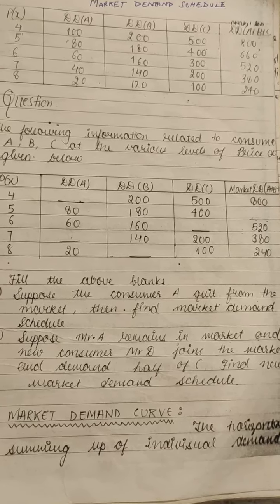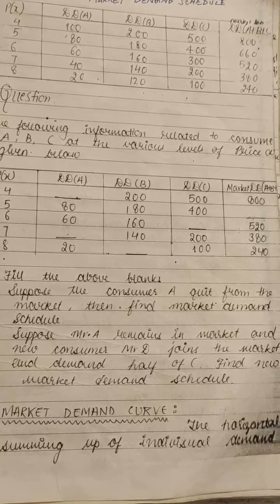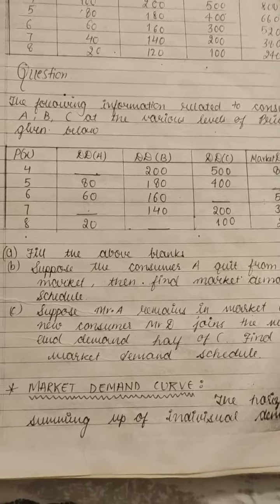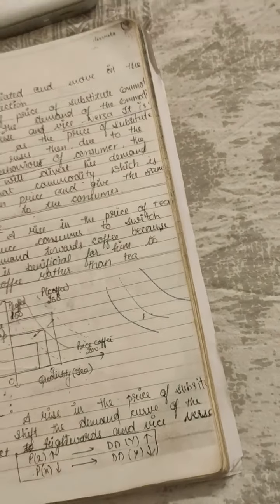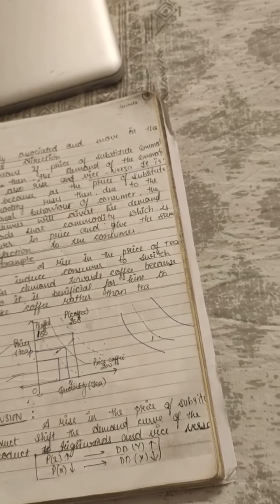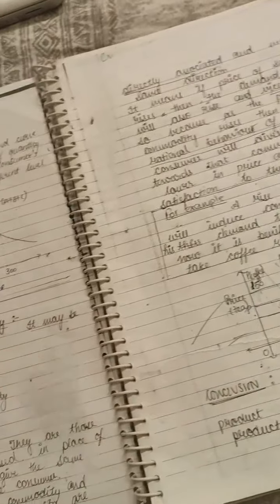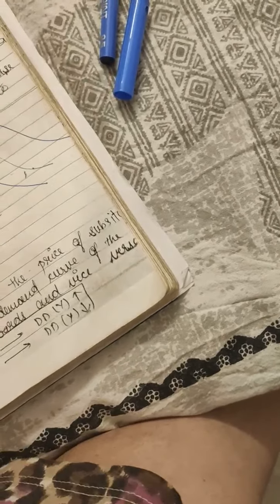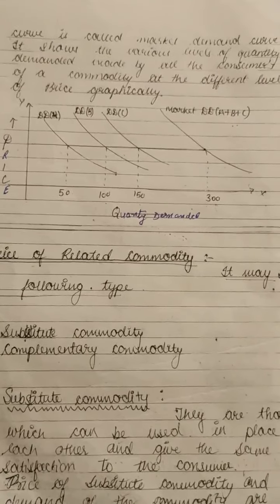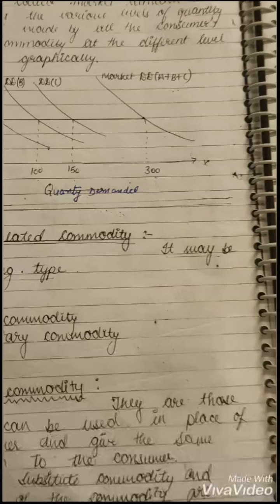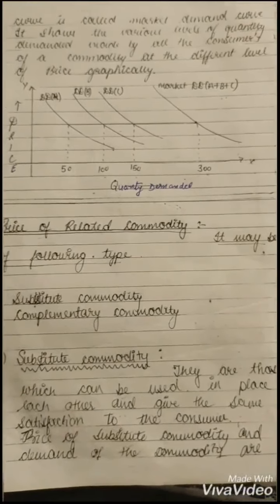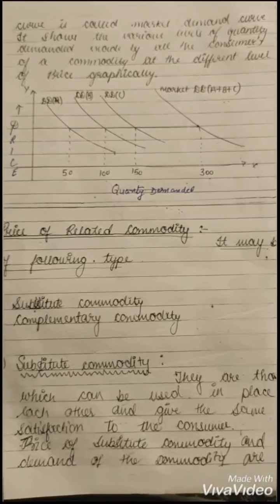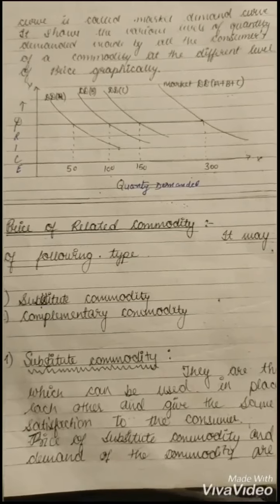Market demand curve. The horizontal summing up of individual demand is known as market demand curve. It shows the various levels of quantity demanded made by all the consumers of a commodity at a different level of price graphically.